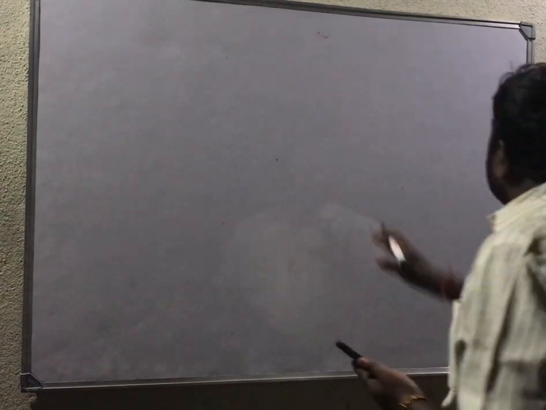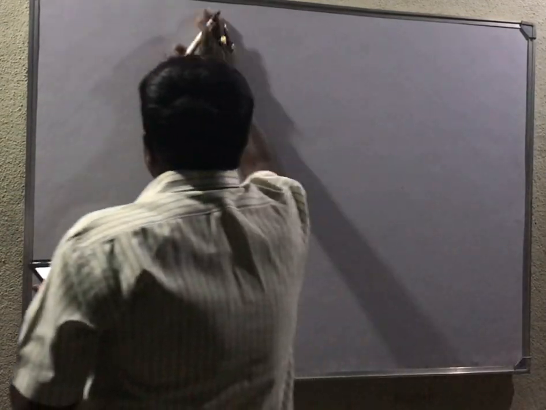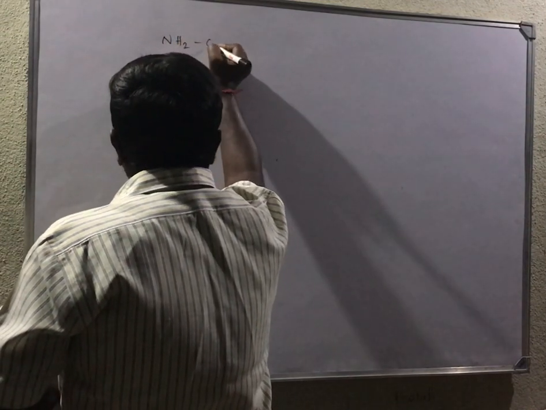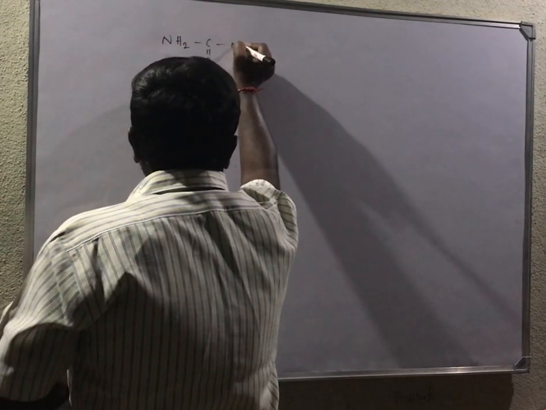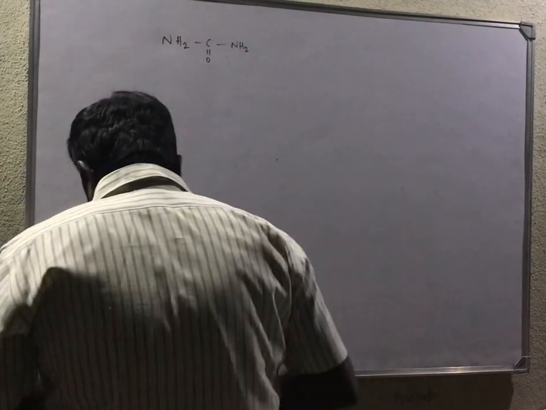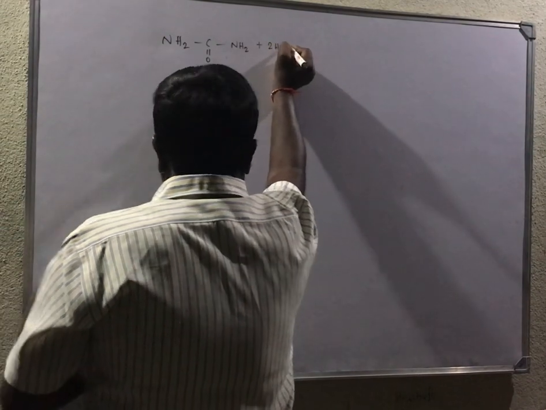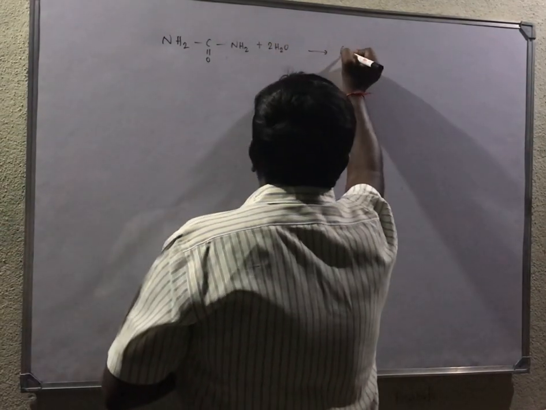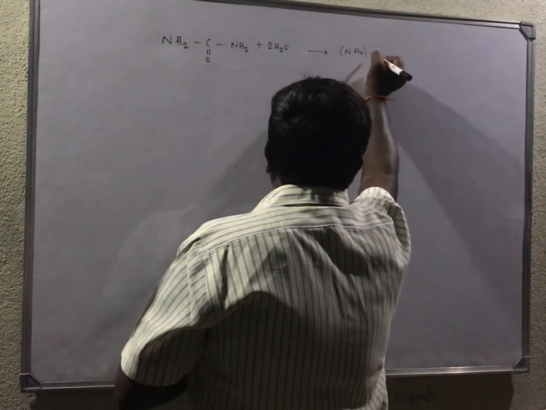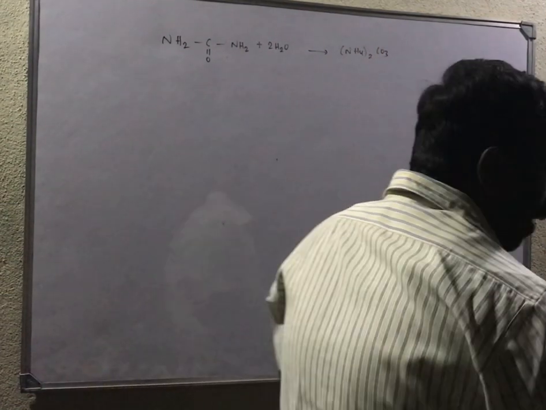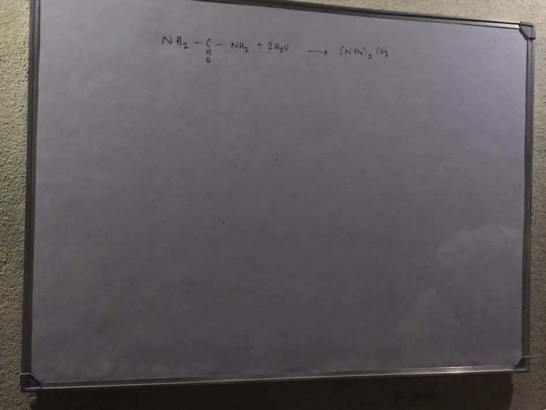Urea has the formula NH2-CO-NH2, which is dissolved in water to form (NH4)2CO3, named ammonium carbonate.